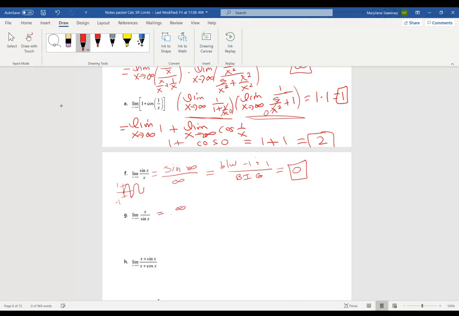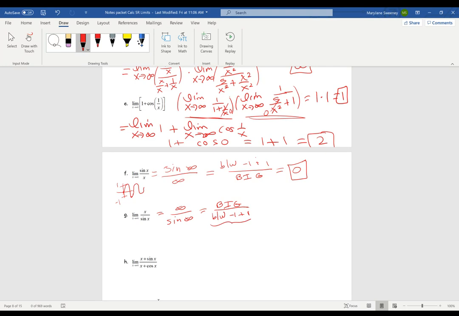Now you really can't plug in infinity, but if we thought of it, we've got a really big number divided by something between -1 and 1. Initially, it might seem like that's infinity.